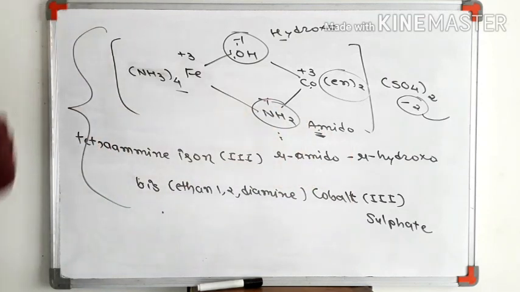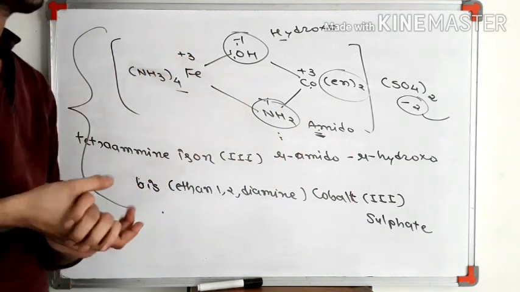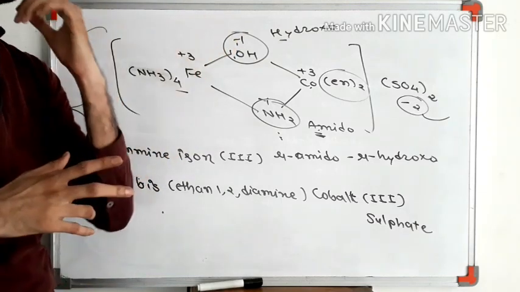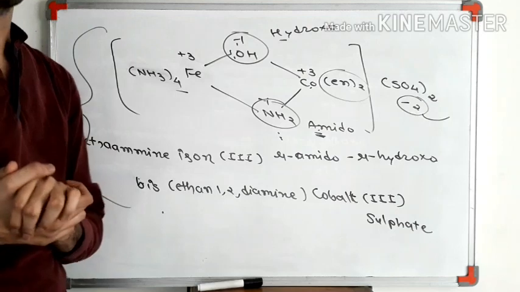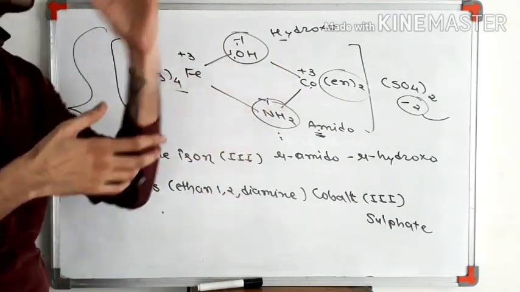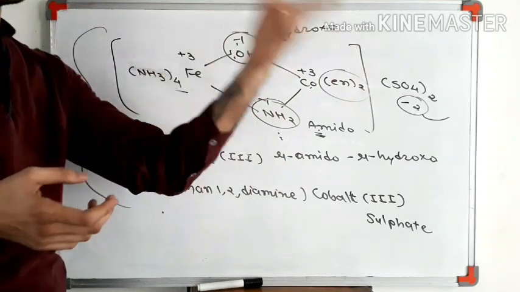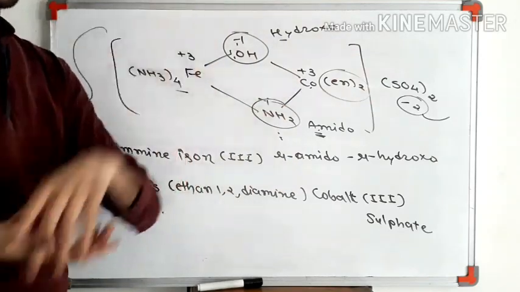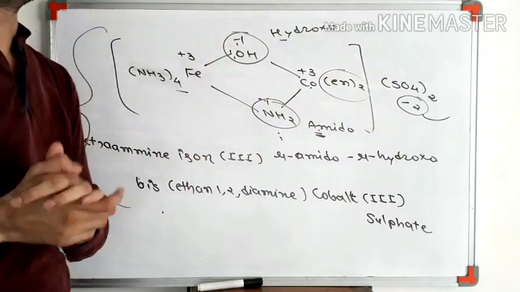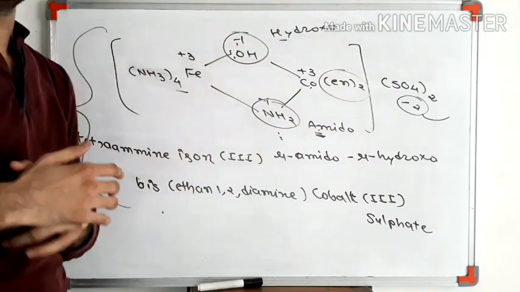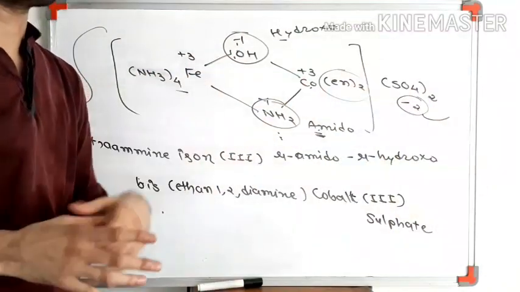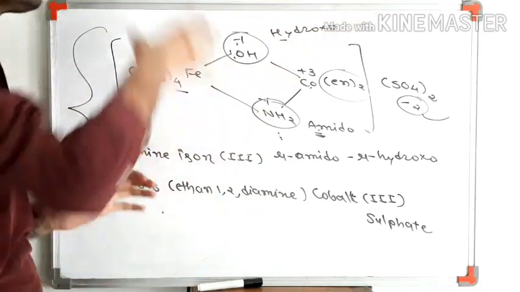How to name coordination compounds? You have to watch this video more than 2 times. I am giving you a sheet for the IUPAC names of different ligands. You have to apply only alphabetical order. Otherwise NH3 means ammine, H2O means aqua, CO means carbonyl, NO plus means nitrosonium, like pyridine, like dimethylglyoximato, etc. I am giving you that sheet with the names of different ligands, and you have to follow this rule.